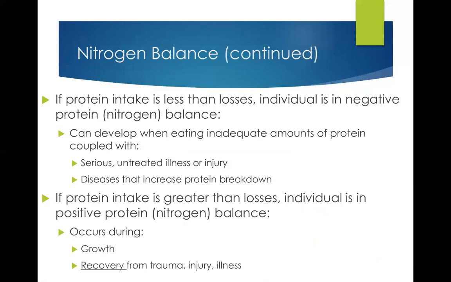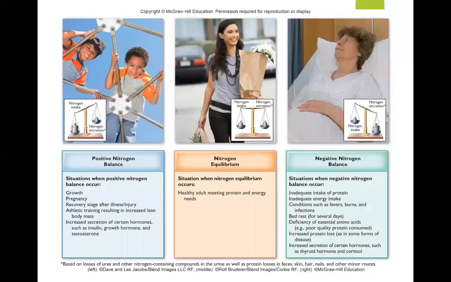And these are some examples of when nitrogen balance might be considered negative versus when it might be considered positive. Negative nitrogen balance means you're losing more than you're taking in. Positive nitrogen balance means you are taking in more than you are losing. Here again are some pictures of what state you might be in at a certain time for nitrogen balance.